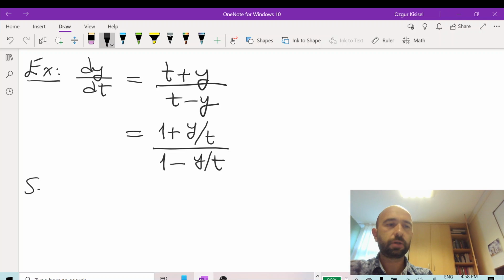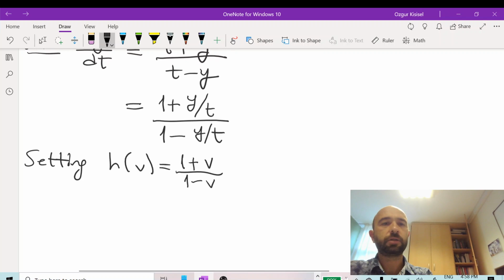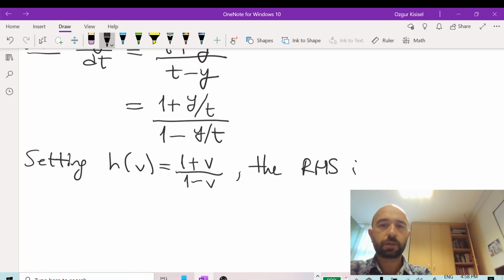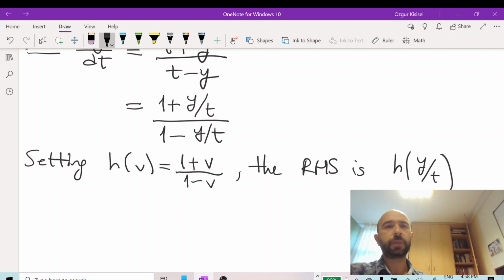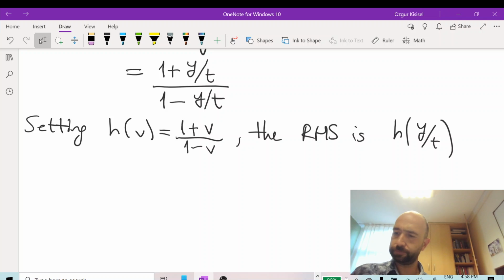So setting h of v to be 1 plus v over 1 minus v, this right hand side is h of y over t, right? So even if in the beginning it may not immediately look like it, with a small manipulation, we see that it is homogeneous. Okay, so how do we solve these?